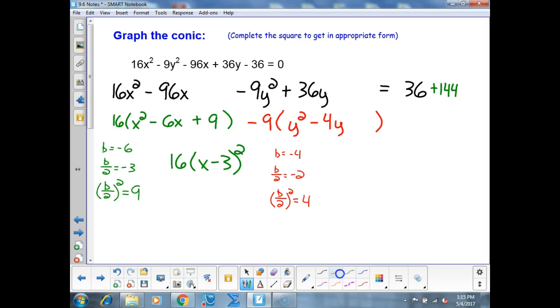So I'm going to fill this gap with plus 4. But really, I'm subtracting 36. So I have to subtract 36 from the other side. And the red part becomes negative 9 times the quantity y minus 2 squared.